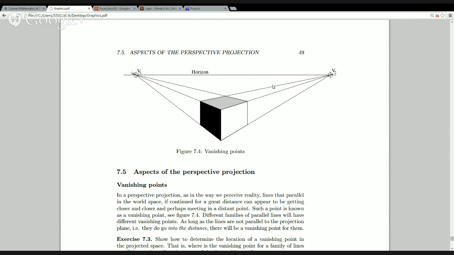So this is the first coordinate, the x-coordinate of the vanishing point for this line. Notice that it's independent of the position vector p. It only depends on the direction vector h.